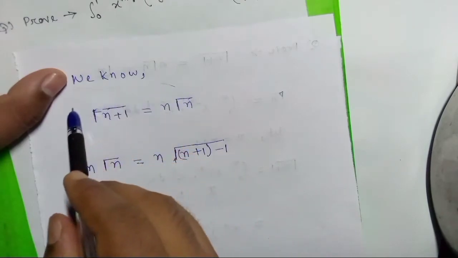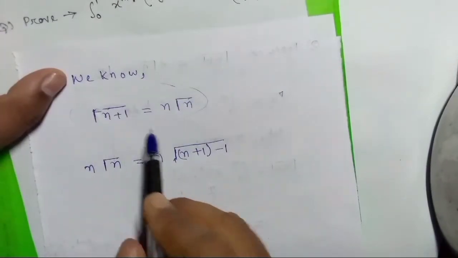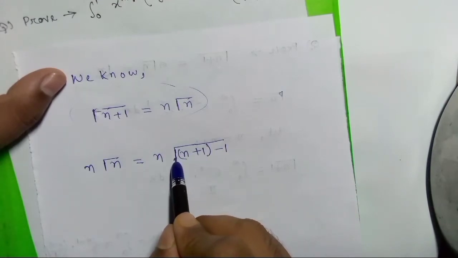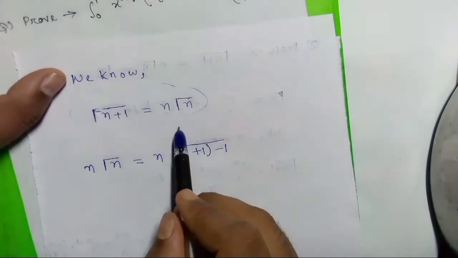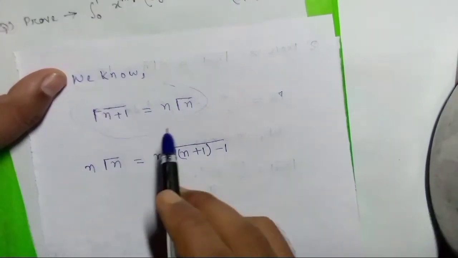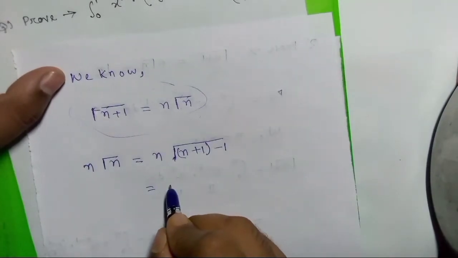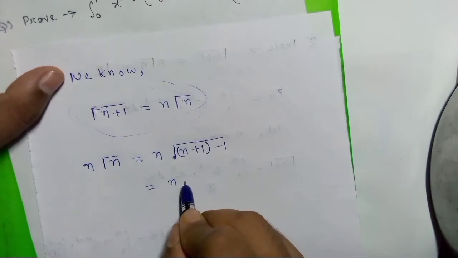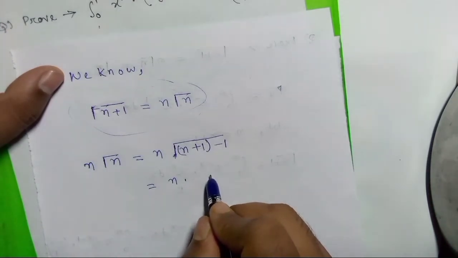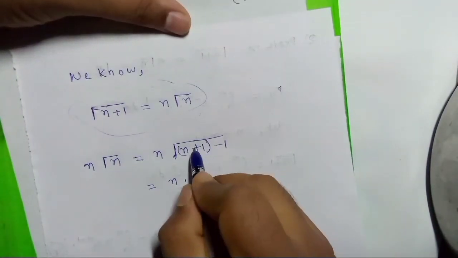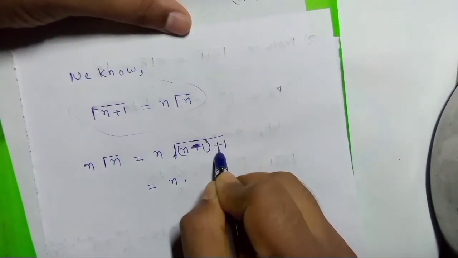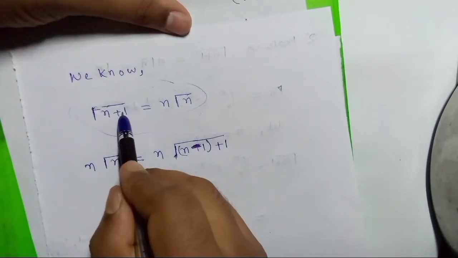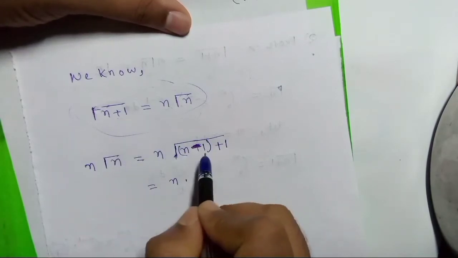Now if we consider n plus 1 as z, then it will be gamma of z minus 1. If we apply this property again, then we can write n times, sorry, this will be n minus 1, this will be plus, because here this is plus, not minus.